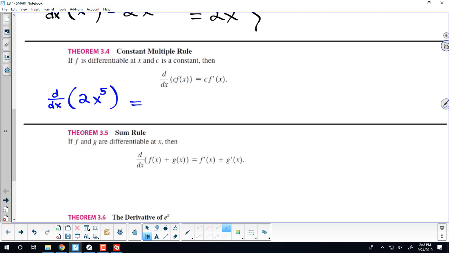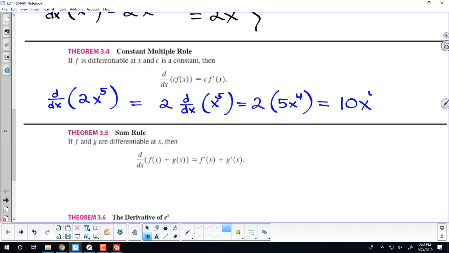The derivative rule says we can take that constant out of the derivative operation and just take the derivative of x to the fifth. And then we would say that's 2 times 5x to the fourth, which is 10x to the fourth.